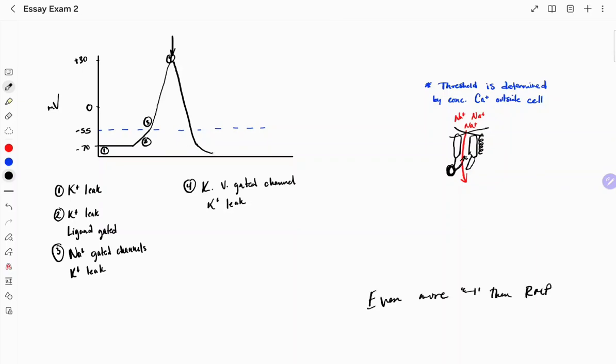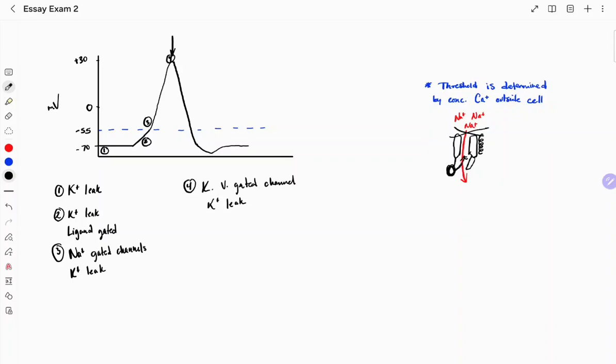Now, with the potassium voltage gated channels closed, but potassium leak channels still open, that is going to bring our membrane potential back to resting membrane potential, because you don't have as many positive potassiums leaving.